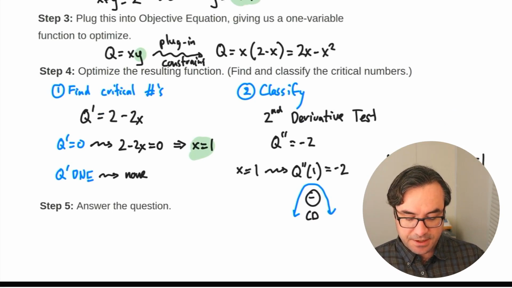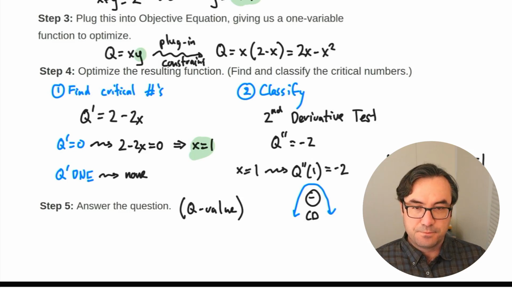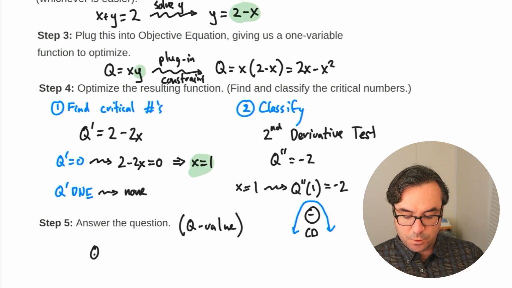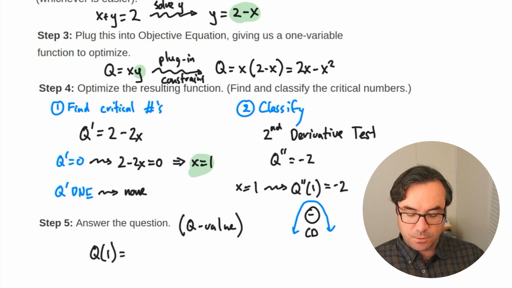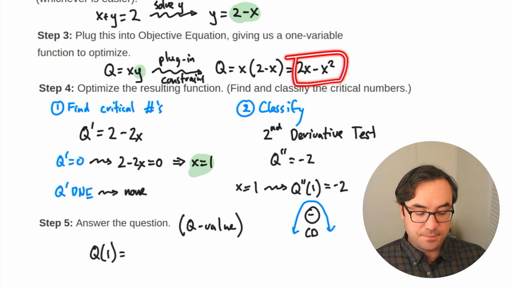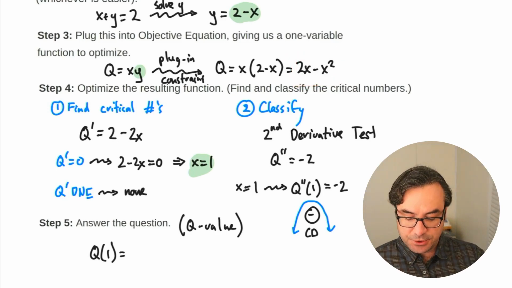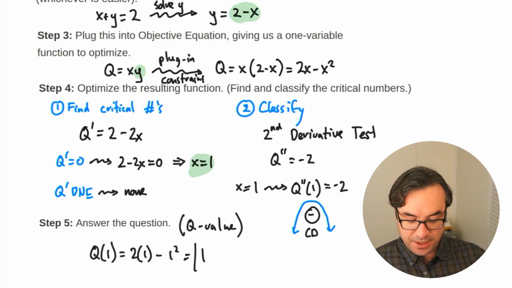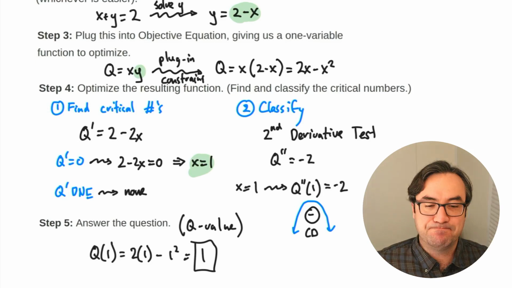So it's actually asking for the q value here. And so when we plug in, we're going to plug x equals 1 into our q function, and there it is. So we get 2 times 1 minus 1 squared, which is just 1. So there we go. We've actually answered the question.